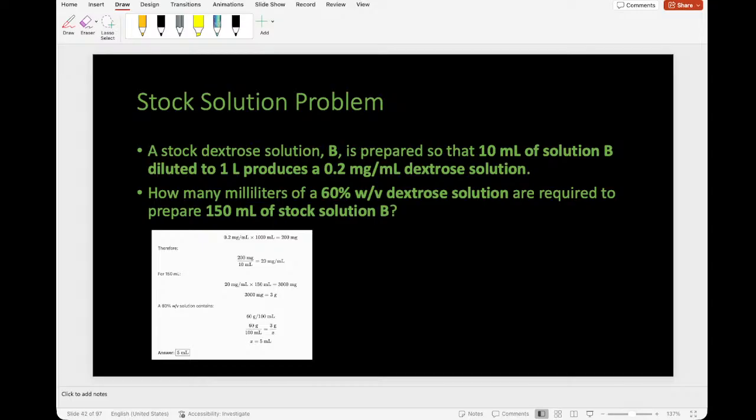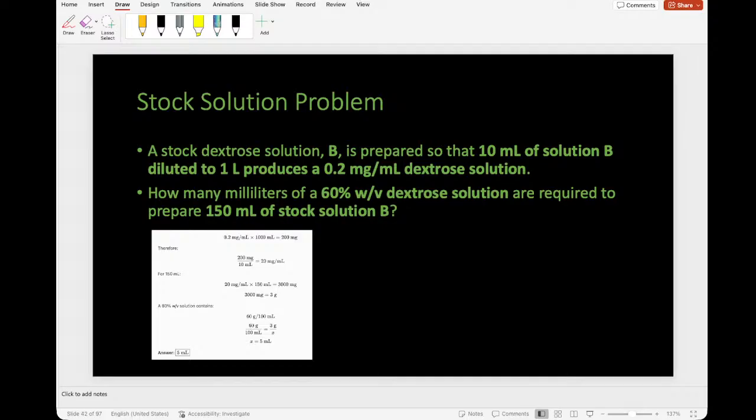So you can see here that there's 0.2 milligrams per milliliter right there, and you multiply by 1,000 milliliters to produce 200 milligrams, and then you would divide it by the 10 milliliters, which would give you the 20 milligrams per milliliter solution.